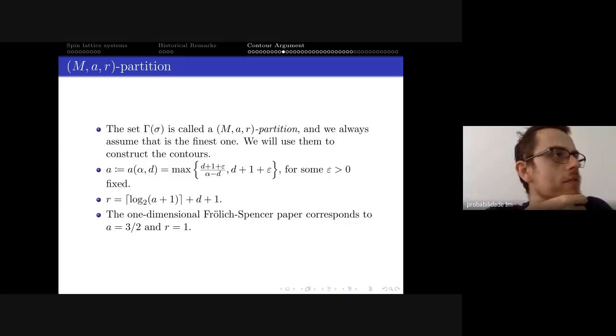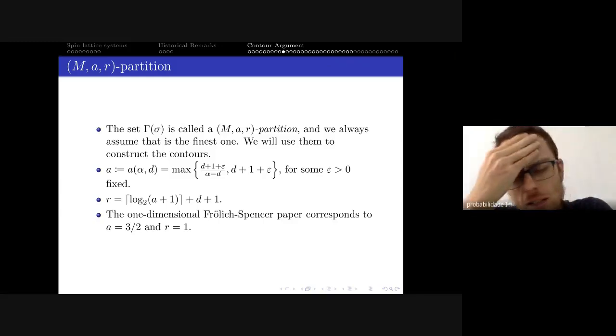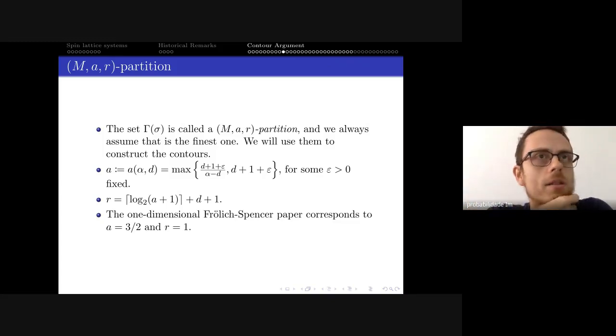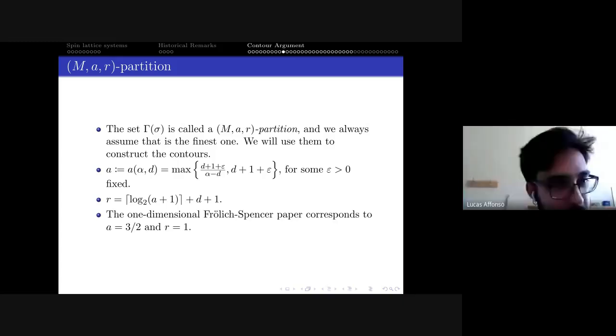Okay. Yeah, I have a very simple question, or maybe two simple questions. The first one is, because you mentioned at the beginning that you were considering the graphs as Z^d, how important is it for the whole construction, or is it not important at all? Actually, this is a nice question. At some steps, I think I use the isoperimetric inequality, so you should have something like a good isoperimetric inequality, a good way to compare the boundary of a set with its volume.